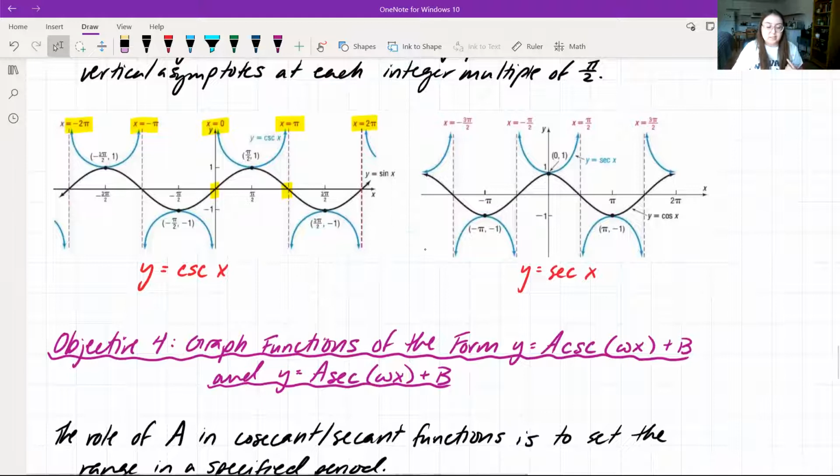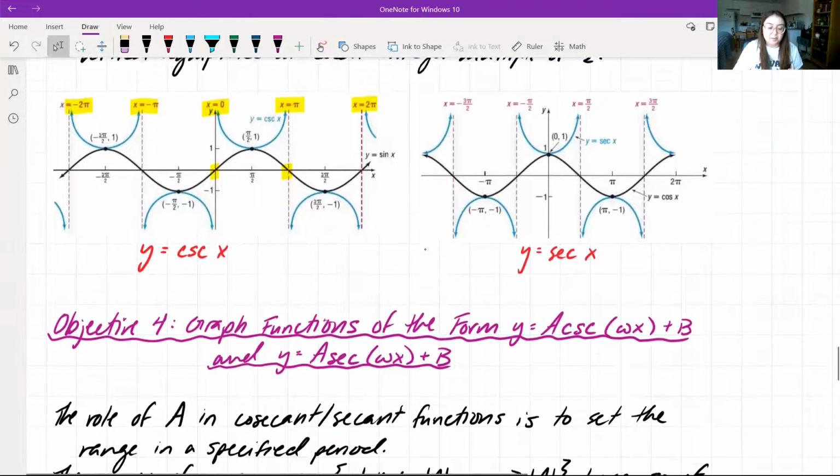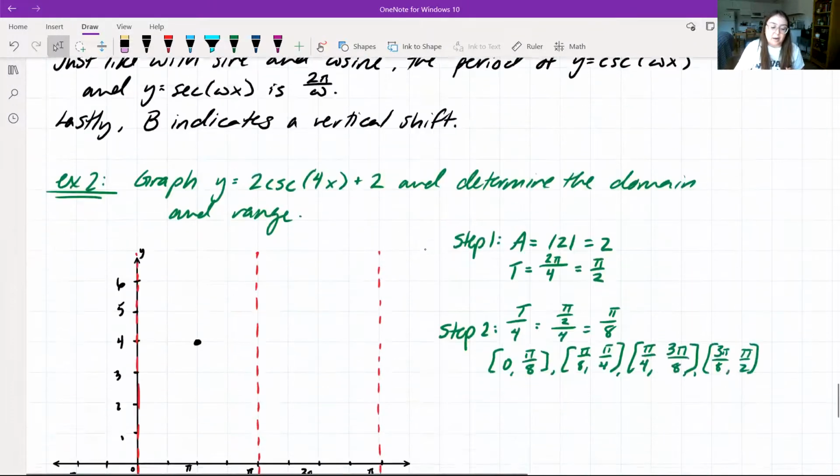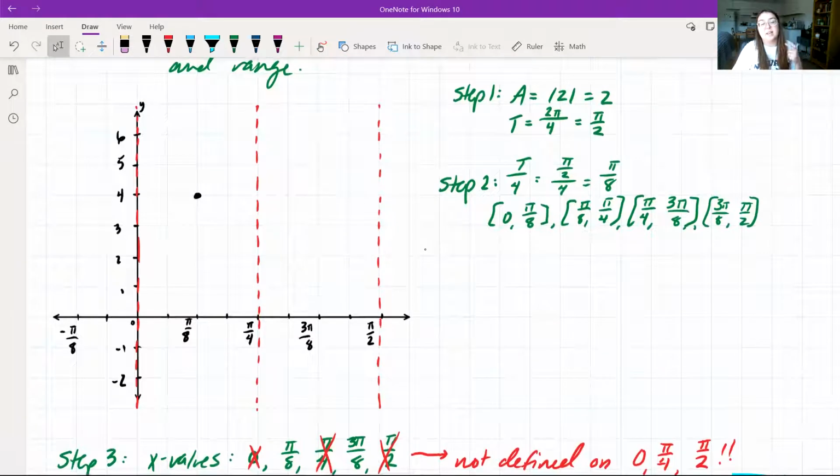We can also estimate this by saying as x is approaching 0, we will end up having 1 divided by a very small number, which would indicate having our values be going to positive infinity. Same thing then for pi over 4. We would see as x approaches pi over 4, our function of cosecant would look like 1 divided by a very small number.